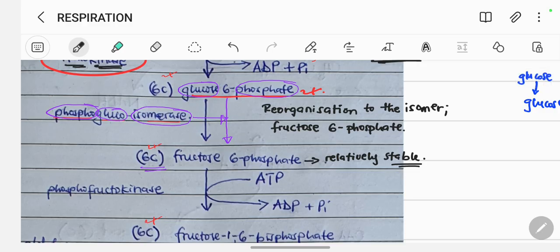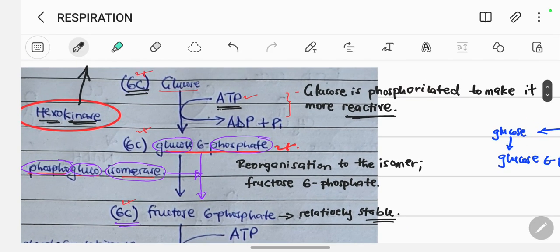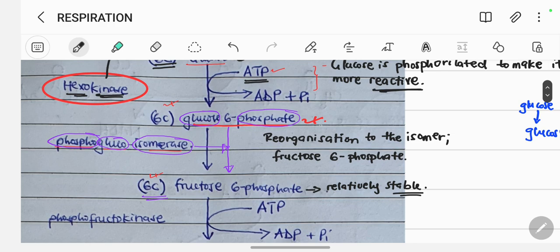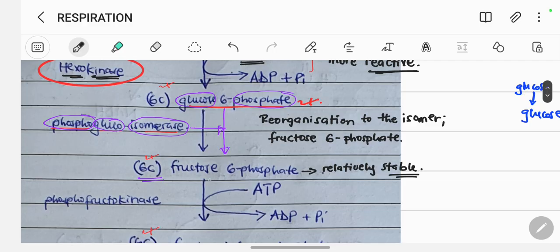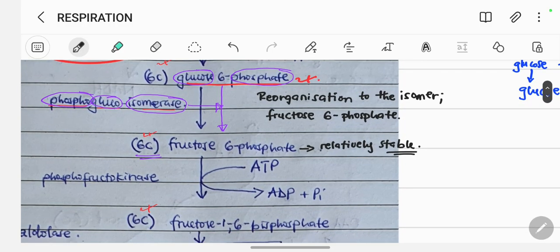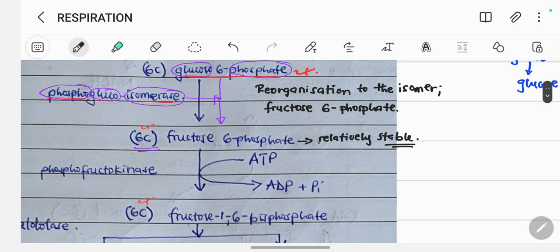It's only after you're unstable that you turn to a reactive compound. That's why we had to pump an inorganic phosphate into glucose to make it reactive. But when it became reactive as glucose 6-phosphate, it turned to a more stable compound, fructose 6-phosphate. So to make it more reactive, we pump in another ATP.